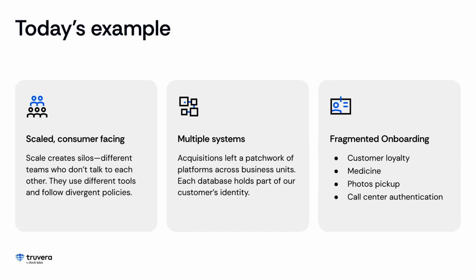Each database holds a different part of our customer's identity. Customers might come to us to prove their loyalty and get a discount, to pick up medicine, to pick up photos, or they might call in for one of these reasons. Each of these experiences touches a different database and has slightly different attributes about our consumer.